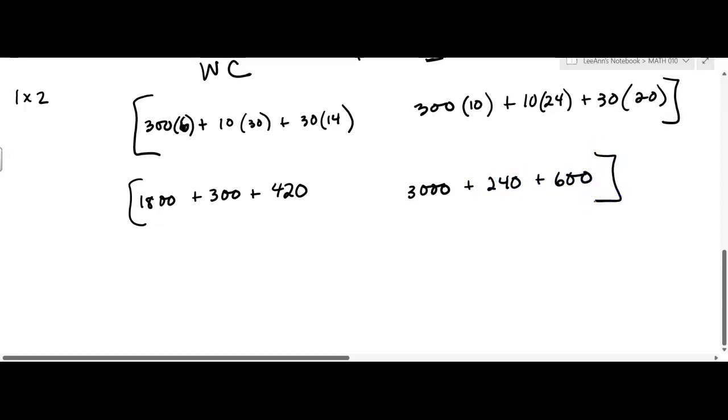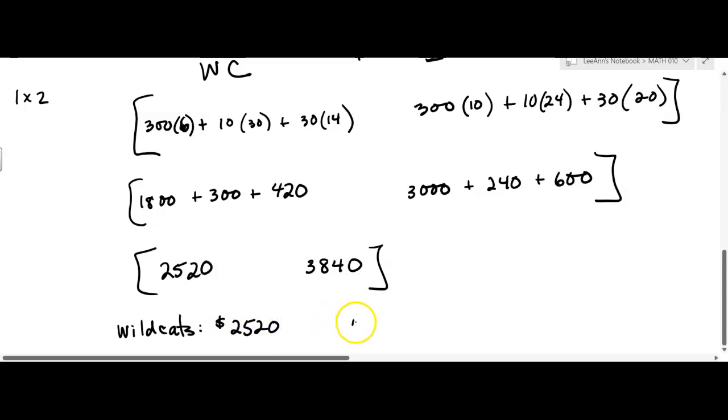When we put that together, that's 2520 and 3840. So the Wildcats' total cost is $2,520, and the Mudcats' total cost for equipment is $3,840. Okay?